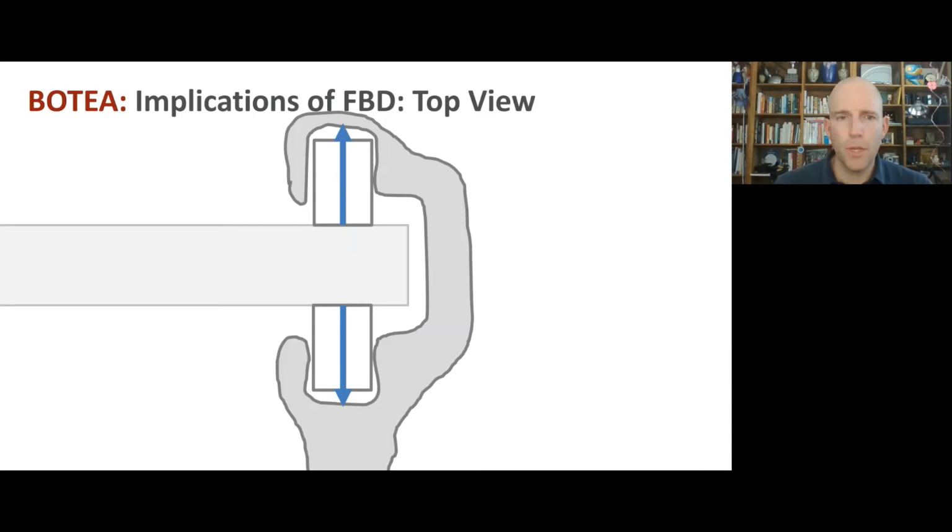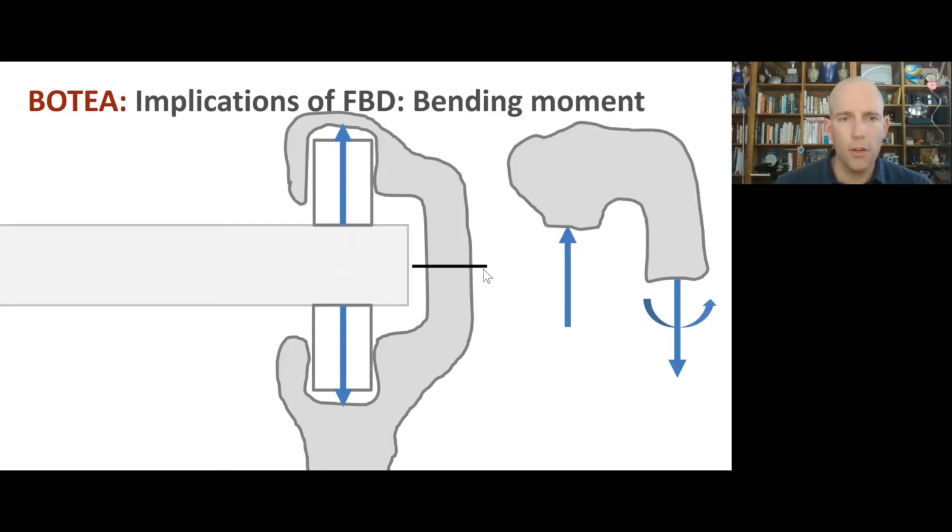If we take a cut right here, then do a free body diagram of our cut component. This is, again, my very quick sketch. You'll see that, all right, we're going to need this force. This is that normal force due to contact with the door. There's going to be an equal and opposite force over here, but they're offset. And that means that those forces will make this want to rotate clockwise.